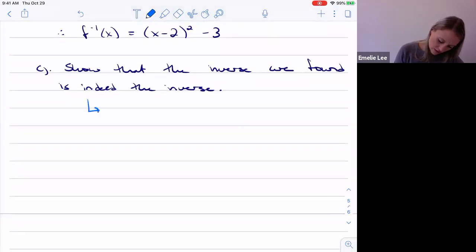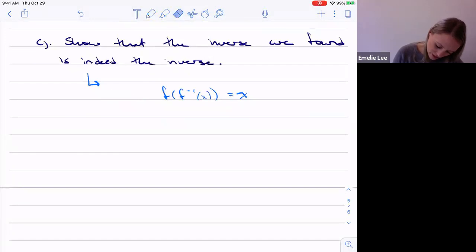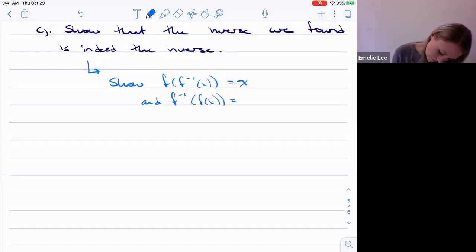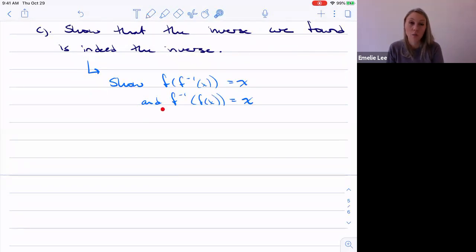We'll use f composed with the inverse of f of x, or what I should say is, show that the function composed with the inverse and the inverse composed with the function both equal x. We have to show both. Very tedious, or it can be very tedious.